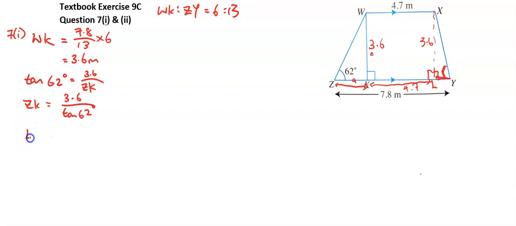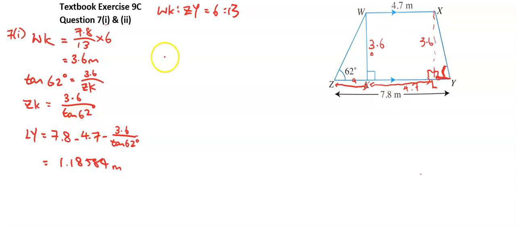So we calculate LY using 7.8 minus 4.7 minus ZK, which is 3.6 over tangent 62 degrees. If you press your calculator, you will get 1.18584 to 5 decimal places.